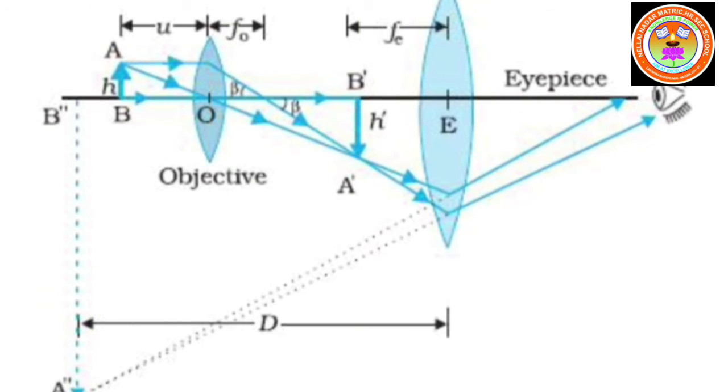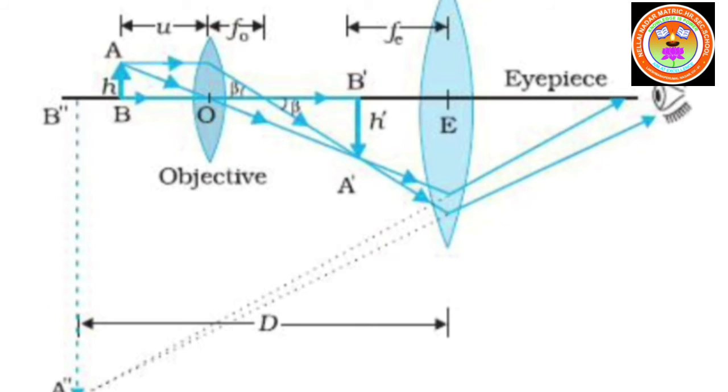Now the working. We are going to see the object AB. Look at the diagram carefully, students. The object AB is placed at a distance slightly greater than the focal length of the objective lens, that is, u is greater than f.